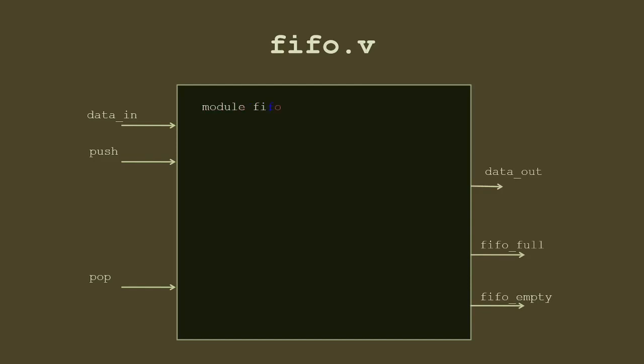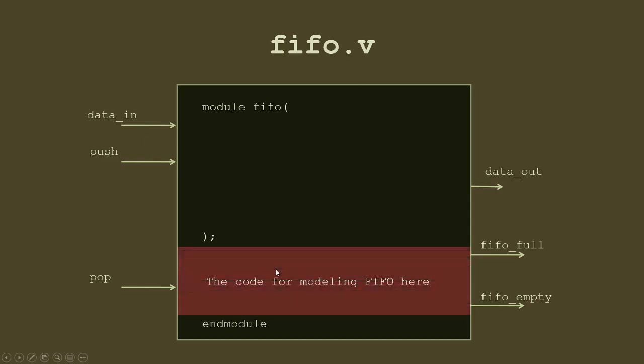So in that file we start by writing module, space, the name of the module, in this case FIFO, and then we have parenthesis start and parenthesis end followed by a semicolon, and then we have endmodule. In these parentheses we write the inputs and outputs, and here we write code for modeling the FIFO.